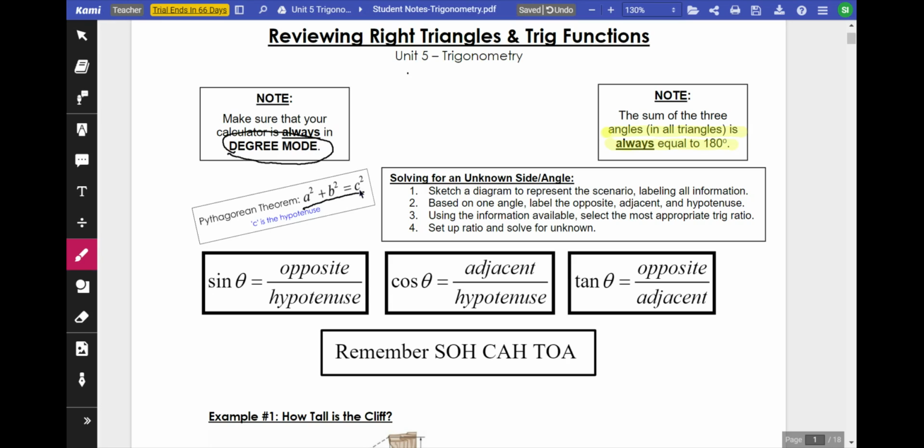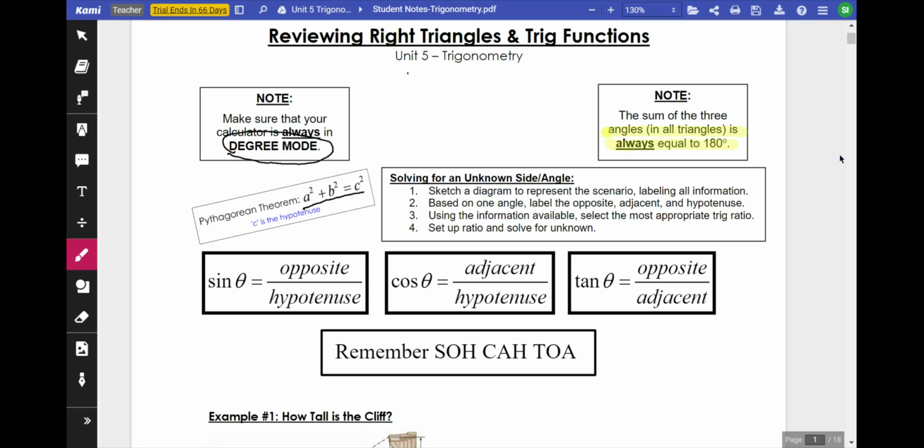We've worked with that theorem already this year. And the last thing that we're going to remember is when we're using trig functions, there's three of them. We've got the sine, the cosine, and the tangent. We've worked with tangent already this year when we were talking about slope. If you recall, the tangent of an angle is also its slope.